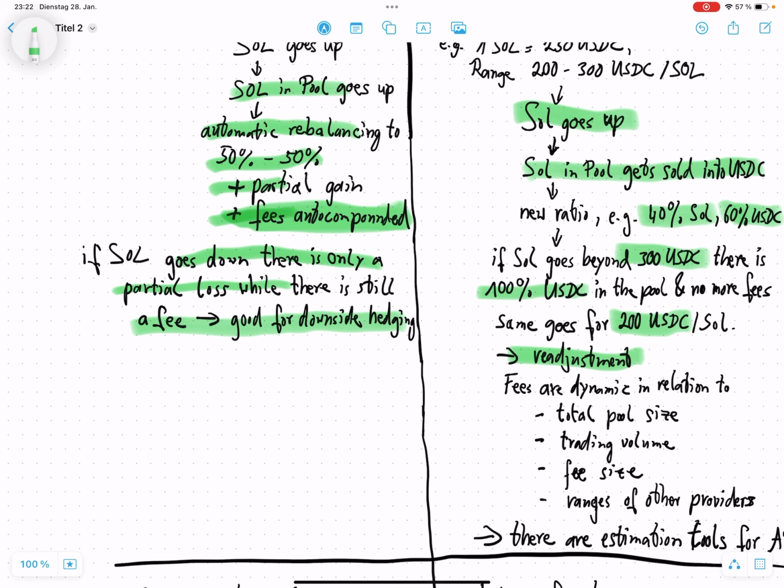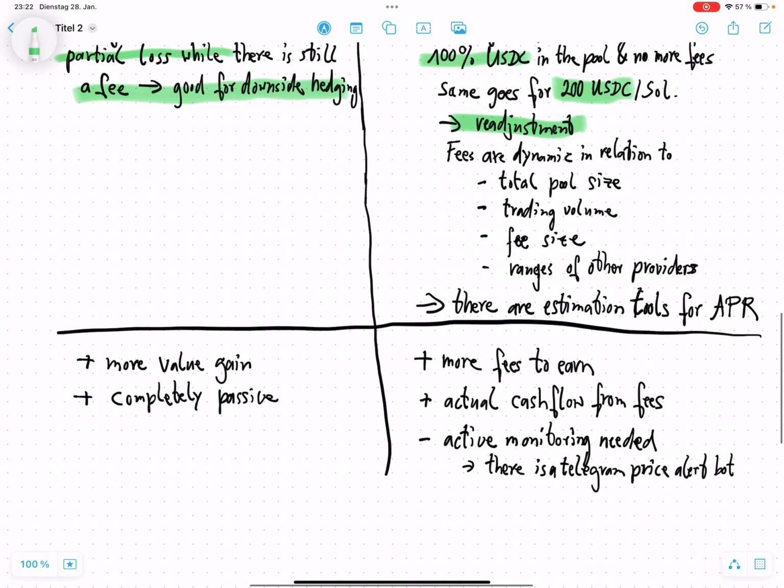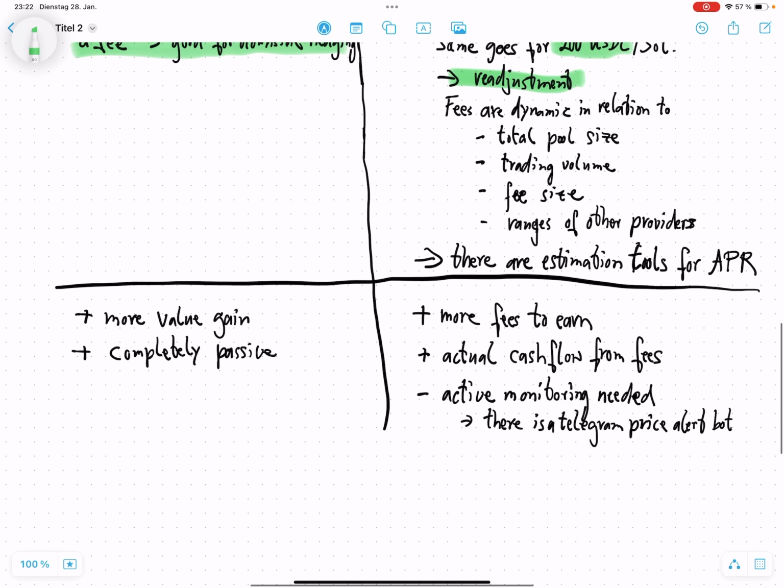There's no manual claiming needed or even possible. It is just auto-compounded into your position until you reduce the position at your own discretion. So you can do that anytime. It's fully liquid for you. You can exit all your liquidity positions at any time.